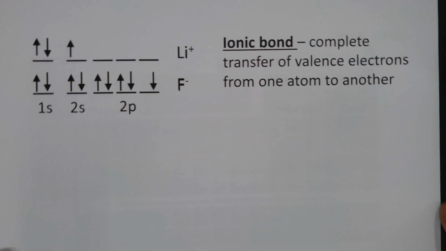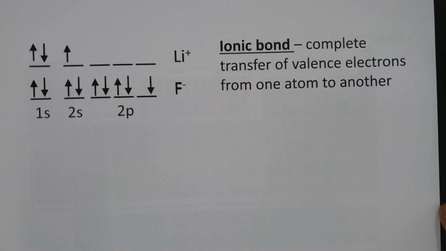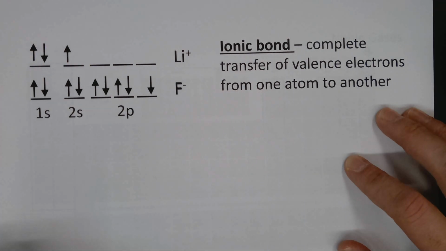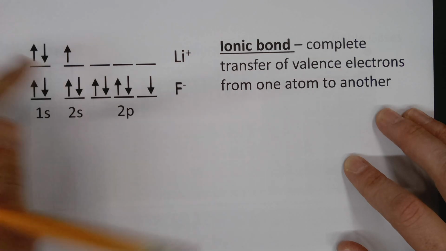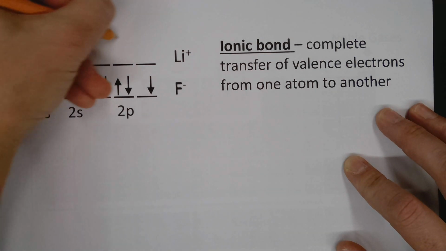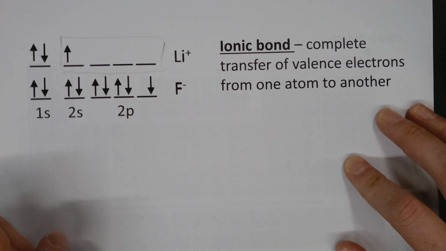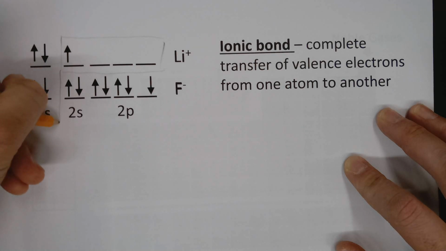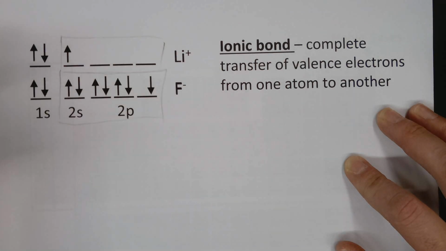Here's another way of looking at it. This is using orbital diagrams. So lithium has 1 electron in its valence shell. Fluorine has 7 in its valence shell.